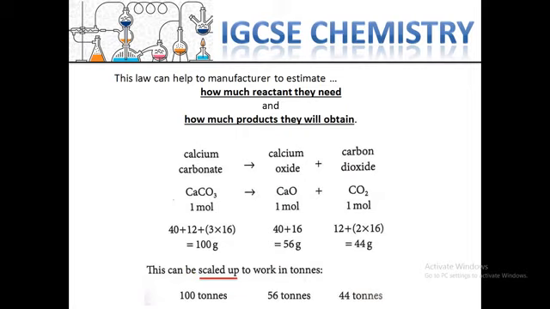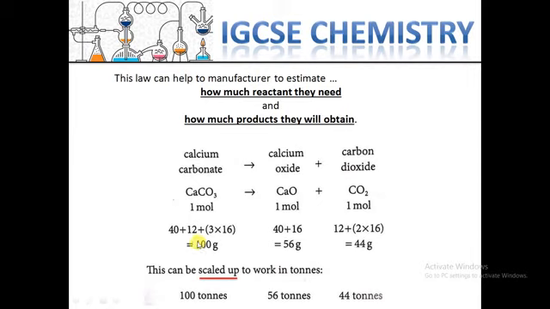Another point is, for example, if we don't know how much carbon dioxide will be produced, based on this law, which says the total mass of the products is equal to the total mass of the reactants, we can work out how much carbon dioxide we can get.